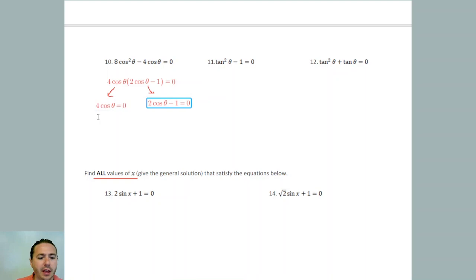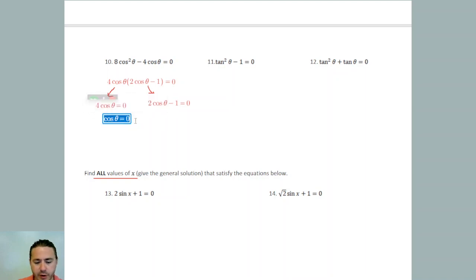So if I divide both sides by 4 here, 0 divided by 4 is just 0. So I'm going to get cosine of theta equals 0. Over here, I'm going to add 1 and then divide by 2. So what I end up with is cosine of theta equals 1/2.